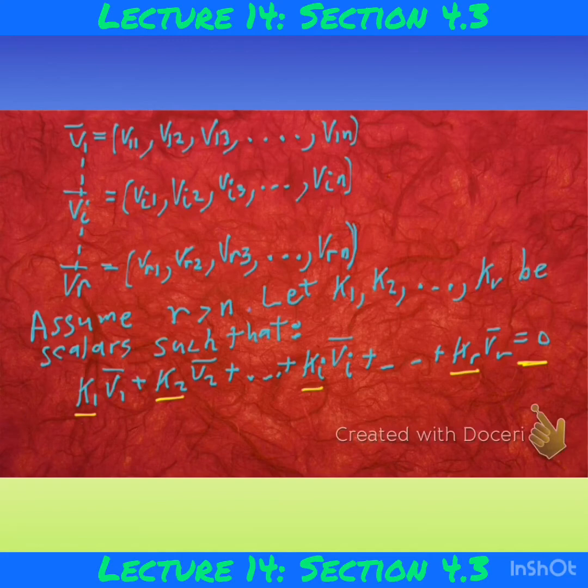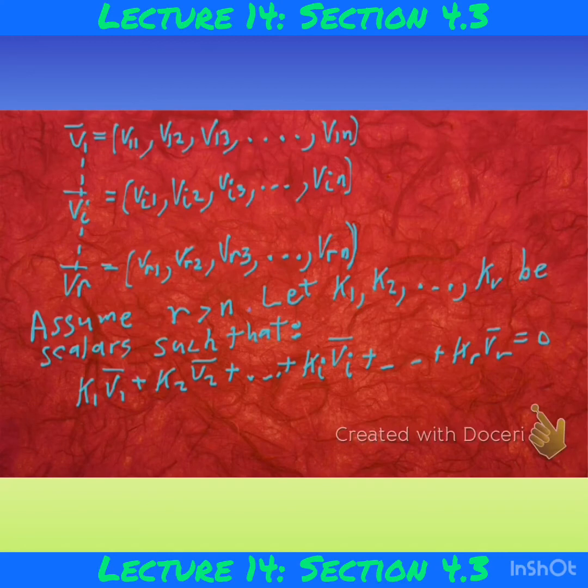For linear dependence, we need to show that at least one of those scalars is non-zero. If there's a non-zero scalar, we immediately have linear dependence. So to prove this theorem, I need to show that I can find some non-zero k such that this equality is satisfied.